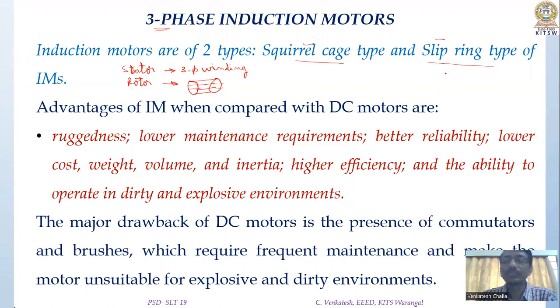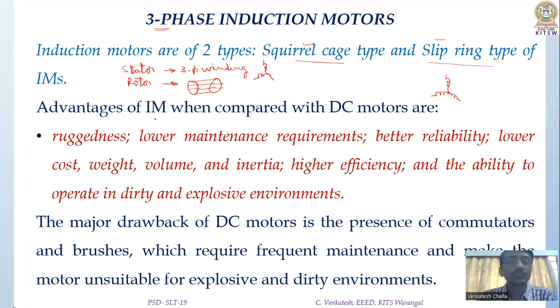In case of slip ring type of induction motor, the rotor construction is similar to that of the stator, and hence it will also have a three-phase winding, normally star, with availability for connection to delta. So the stator is star connected in both cases, but the rotor construction is different. Based on that, you have the names squirrel cage type and slip ring type of induction motors.